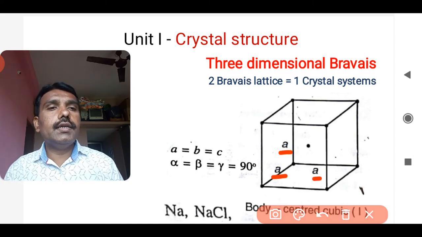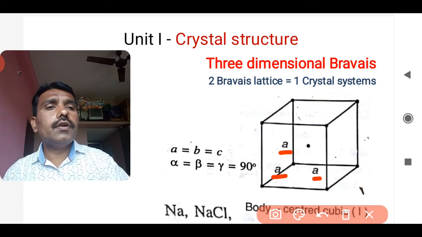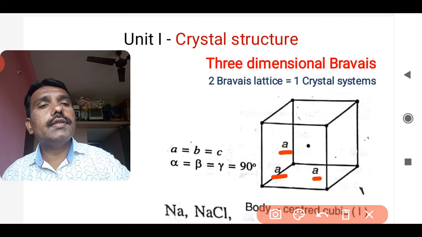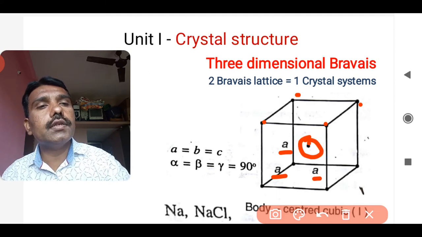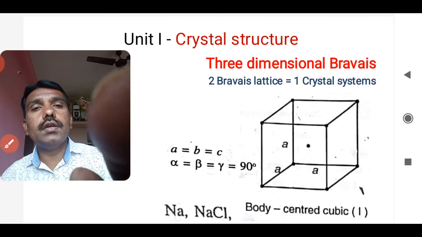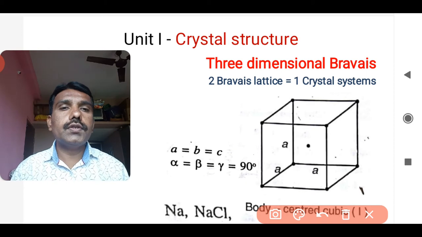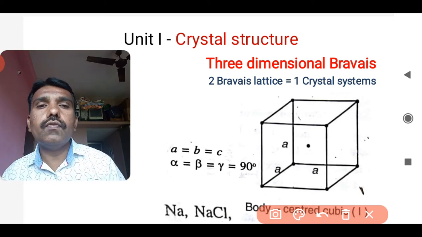But in this particular cube, the important factor is that the atoms are not only on the corners, but there is one more atom exactly at this point, which shows the difference between them. Otherwise all these cases are similar, as we are looking at the cubic structure.